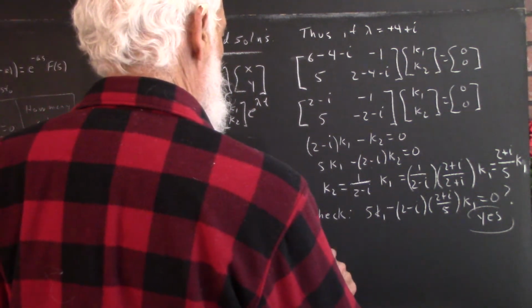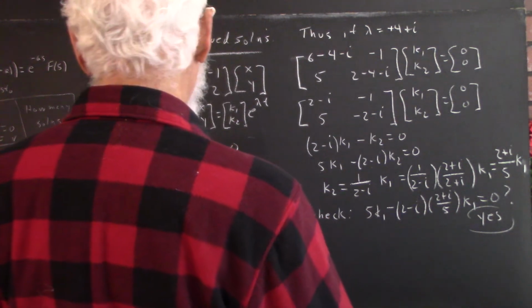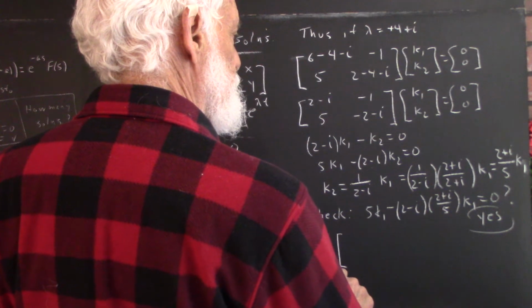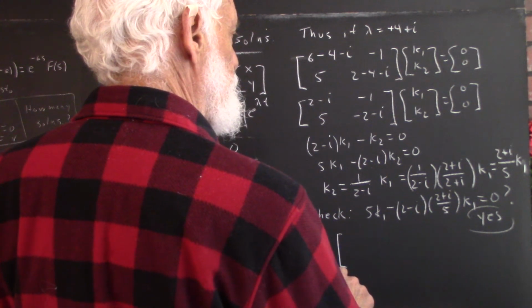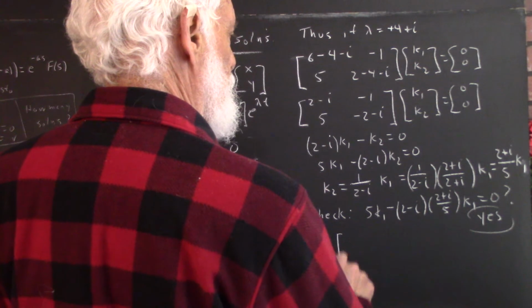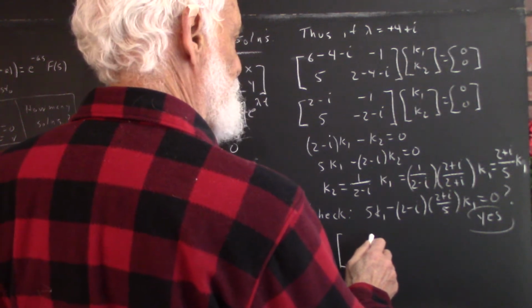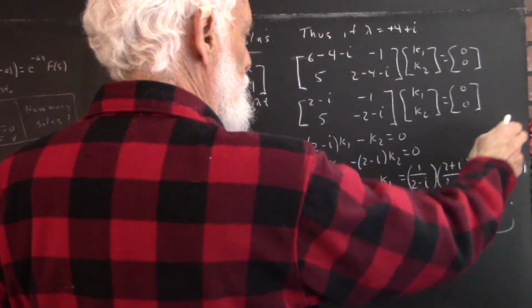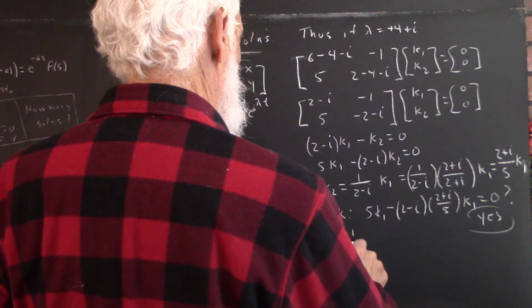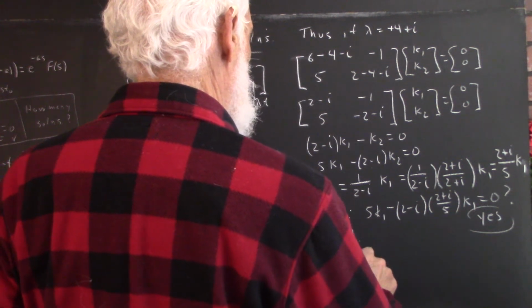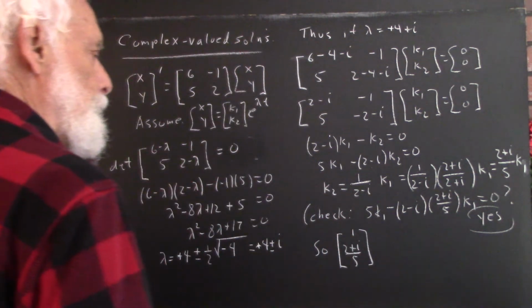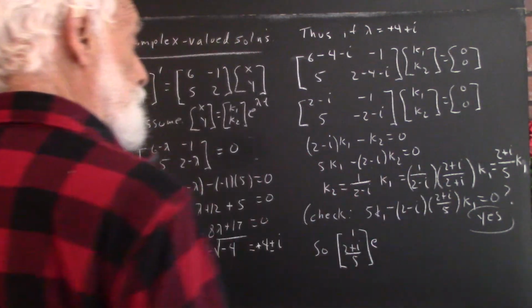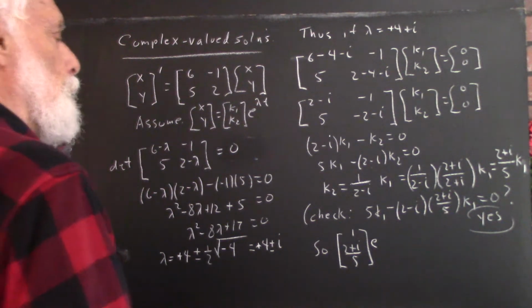So writing this out carefully, if K1 equals 1, then K2 is going to equal 2 plus i over 5. So it's 1, 2 plus i over 5, and then it's e to the lambda t, and lambda is 4 plus i.